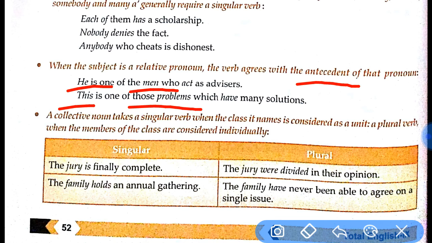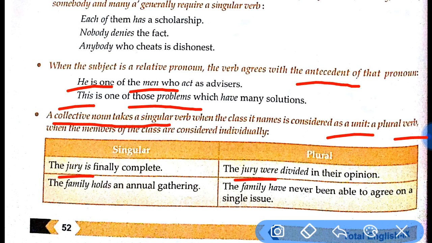So we have here a collective noun takes a singular verb when the class it names is considered as a unit, and a plural verb when the members of the class are considered individually. See example: the jury is finally complete. The jury were divided in their opinion. What's the difference here?